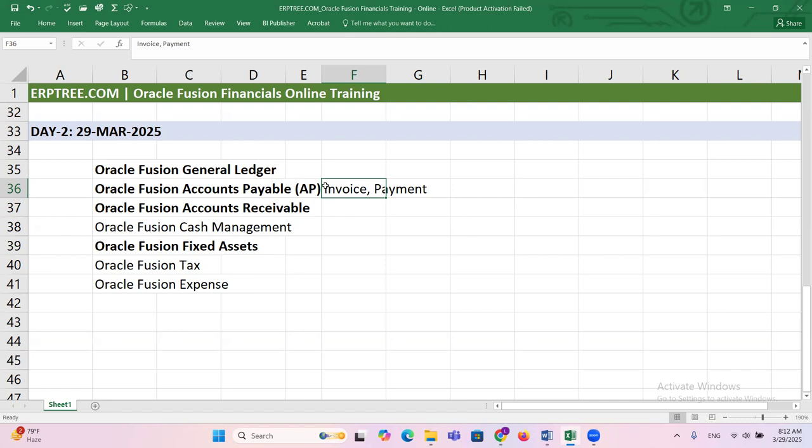If you want to create an invoice, that invoice should belong to a particular supplier. So within the accounts payable application, along with invoice and payment, we have to maintain the supplier information. We will discuss that in more detail when we deal with accounts payable. For now, understand that the key tasks within accounts payable are invoice creation and payment creation. Those are the two stories we have to handle within accounts payable.